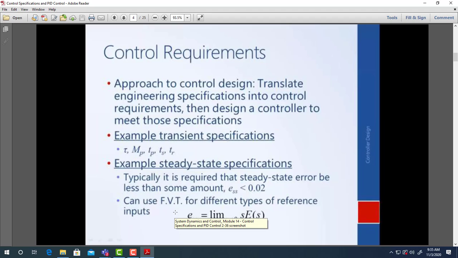Transient specifications are tau, which is the time constant, overshoot, rise time, settling time, and peak time. And the steady state specification is the steady state error, which you can find using the final value theorem or using system types, and you can directly predict the steady state. So those are your design requirements.